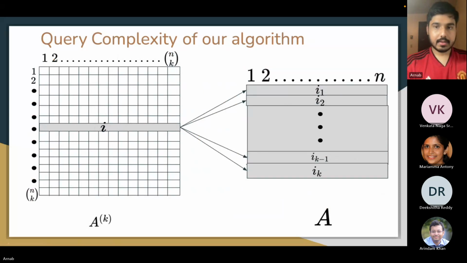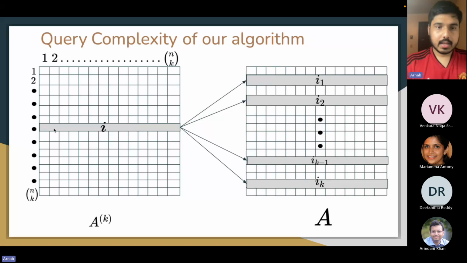For example, if you consider any entry here, since it's part of row I, the row part will map to I1, I2 up to Ik, and the column part will be some subset of 1 to n of size k. If you want to compute every entry of this row I, all you need to do is query all the entries in these k rows.